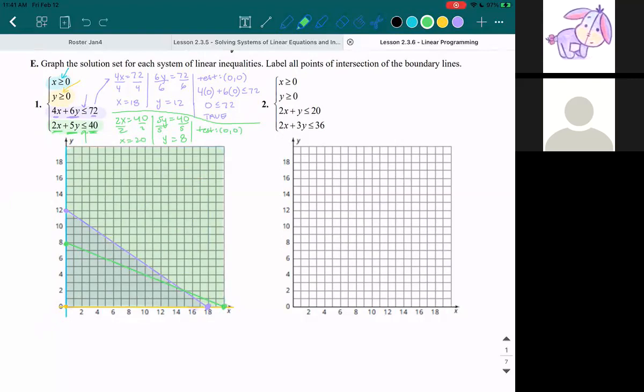That's our inequality. 2 times 0 and 5 times 0 are both 0, so 0 plus 0 is 0. We get 0 is less than or equal to 40, and this is true. So we're going to shade towards 0, 0, so we're going to shade underneath. All right, now you have to wait for me while I shade.